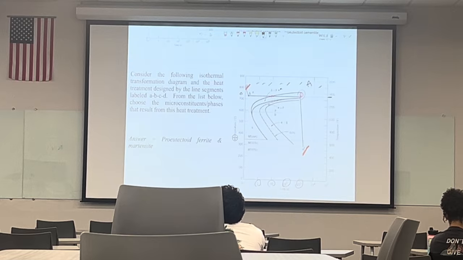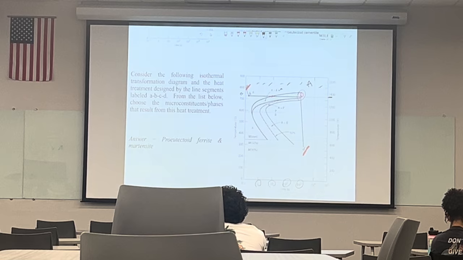So around 50% of our austenite has been turned into ferrite. But after that, the remaining austenite, whatever it is, because we just cool the system down pretty quickly to room temperature, is going to turn into martensite.